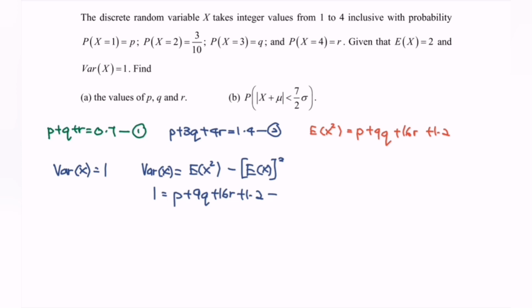Squaring, we will have negative 4. Kindly simplify the situation. So P plus 9Q plus 16R is equal to 1 plus 4 minus 1.2, which gives P plus 9Q plus 16R equal to 3.8. This is the third equation.